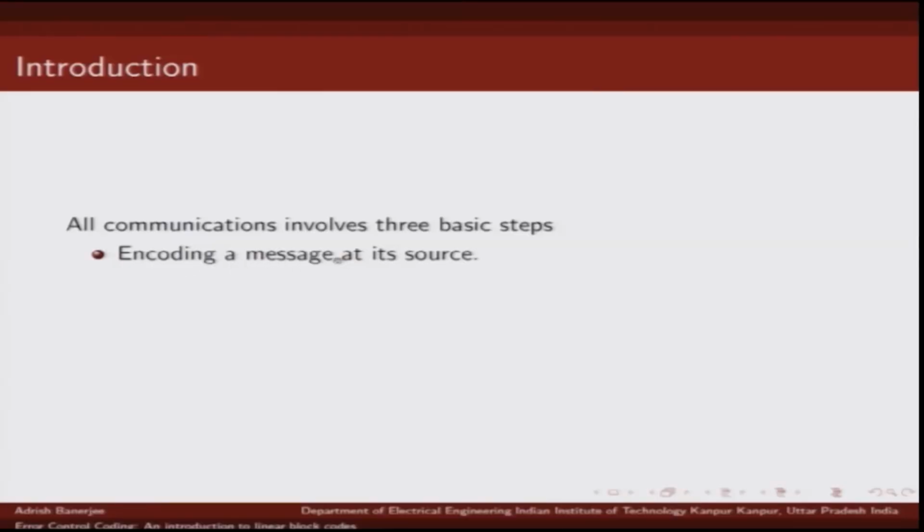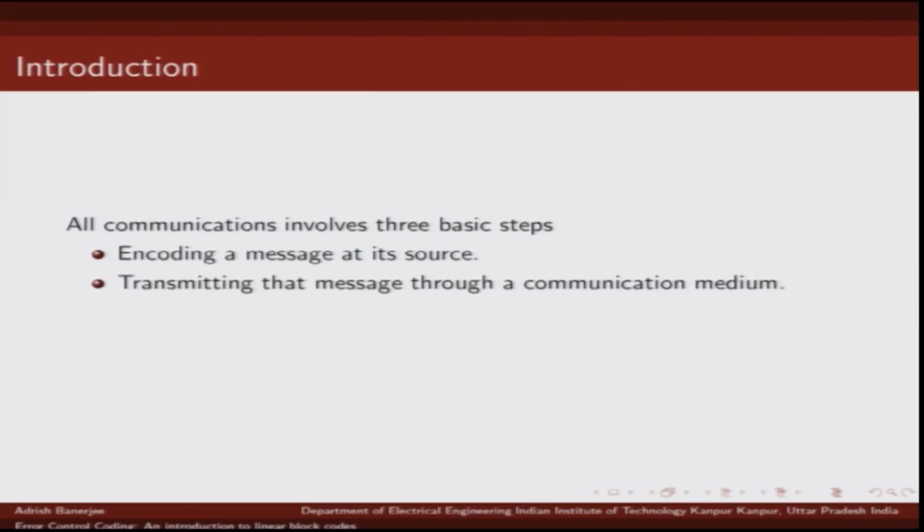Why? Because a source inherently has a lot of redundancy, and when we try to represent a source, we would like to represent it efficiently in the minimum number of possible bits. So the first step involved in any communication is encoding a message.